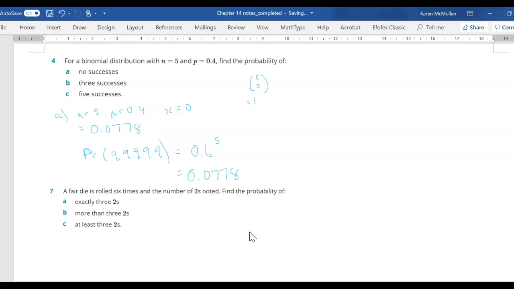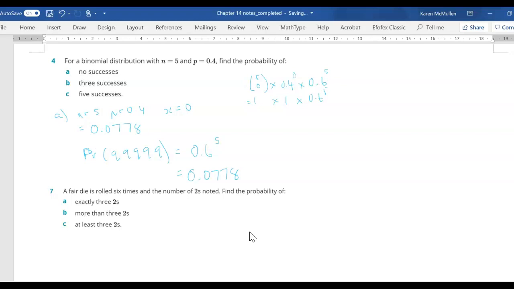Then times p, so 0.4 to the power of 0, because we don't want any successes. Anything to the power of 0 is 1. And then our probability of failure to the power of 5. And that's why we could just do 0.6 to the power of 5.